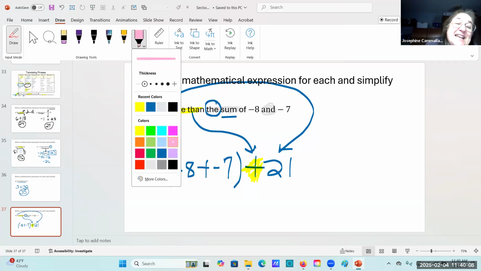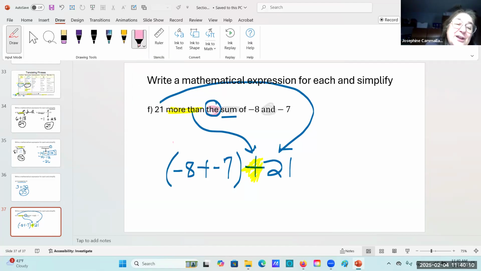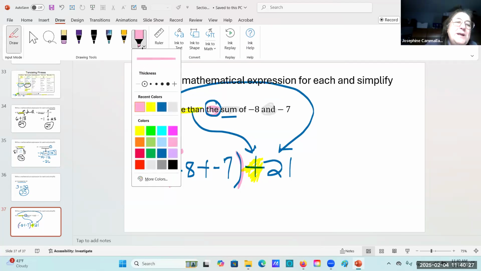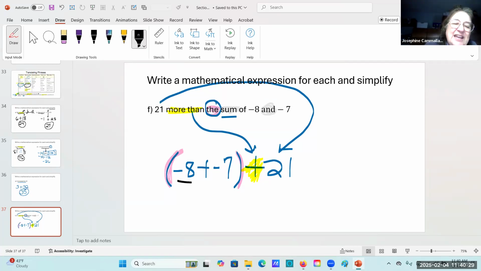Now, this word the represents the parentheses. It's telling me I've got to keep the 2 numbers after the word the and the mathematical operation of sum together, which means -8 plus.